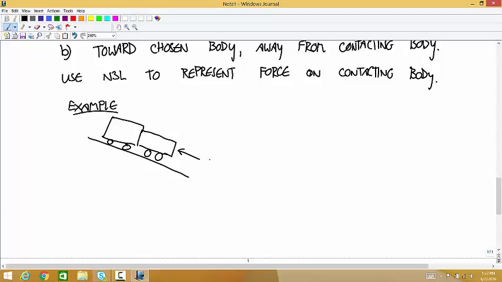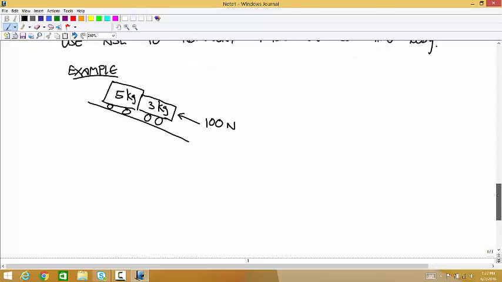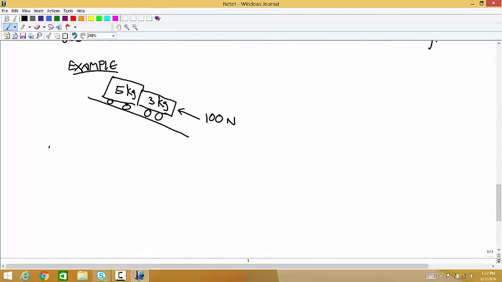Let's say we have a force of 100 newtons. Let's say this is 5 kilograms and this is 3 kilograms. So a free body diagram of the 5 kilogram cart. We have the weight.